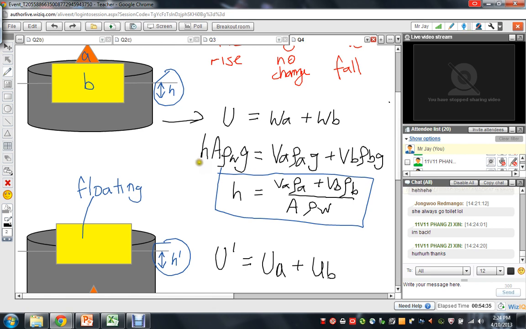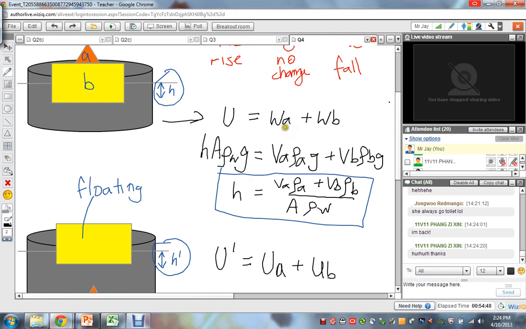We know that it's just H, which is the height of the water level that changes, times A, the base area of the entire body of water, times density of water, times G. So that's equal to the upthrust. Then the weight of the anchor and the weight of the boat is just the density of the anchor times its volume times G, plus the density of the boat times its volume times G. So we know those two.